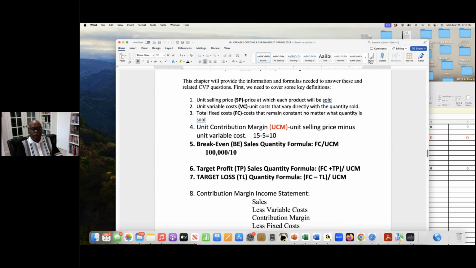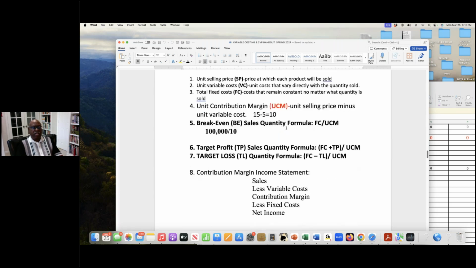And then you have three formulas I told you you needed to memorize at 5, 6, and 7 and know how they operate. Break even, the formula is fixed cost divided by the unit contribution margin. If we're trying to get to a target profit, it's fixed cost plus the target profit divided by the unit contribution margin.